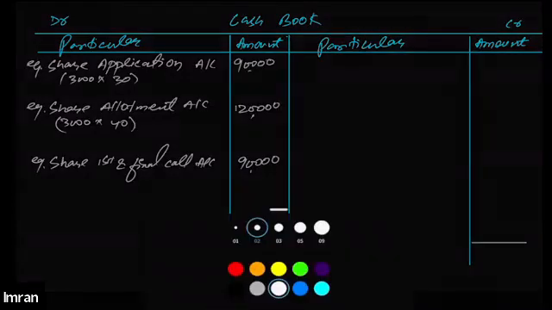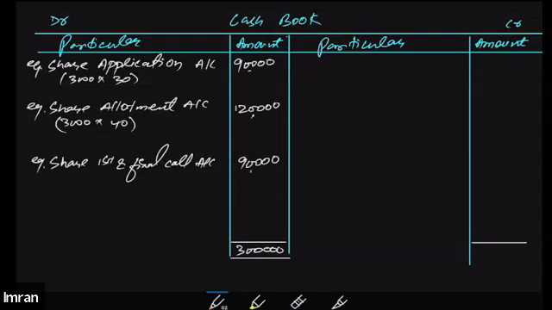We'll write this as by balance c/d, 3 lakhs. Totaling both the sides, we get 3 lakh on both the sides. Tell me if it is clear, everyone.